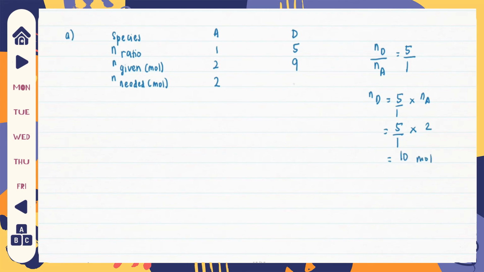So we need 10 mole of D to react with 2 mole of A. Then mole remaining after completely reacting: for A, 2 minus 2 is 0. For D, 9 minus 10 is negative 1.